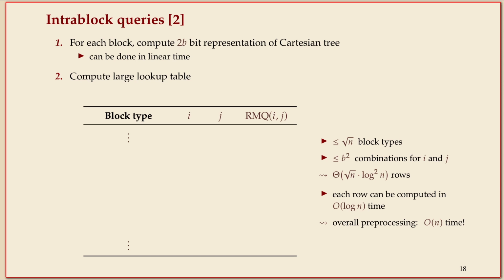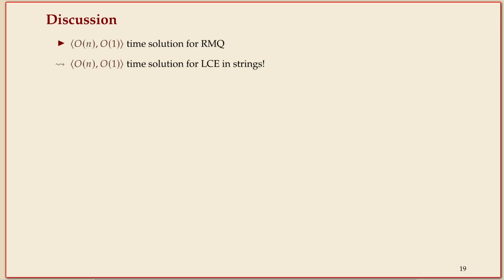Here's the math of how big the table is. We have square root n block types. We have b squared combinations for i and j. So that's square root n log squared n rows, but that's much, much less than n. And we can compute them quickly. So the overall preprocessing time for the table is still linear. And if you put all of that together, we get our linear preprocessing time, constant query time solution.